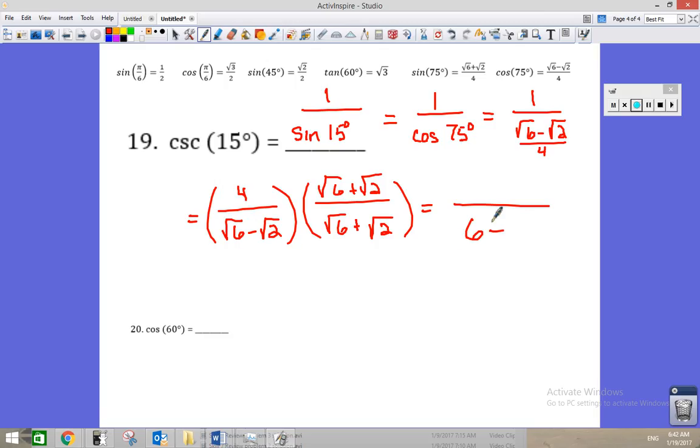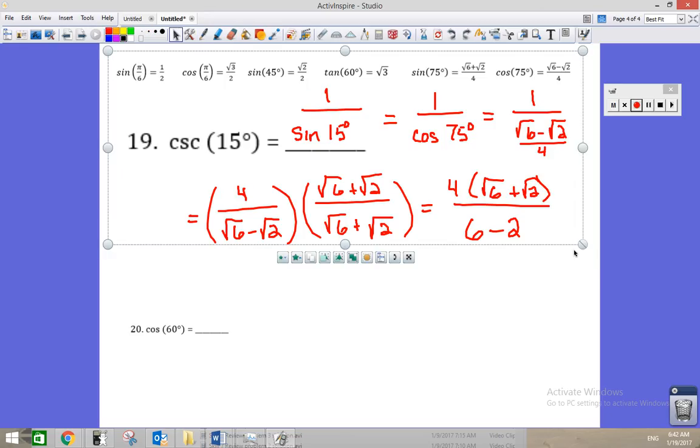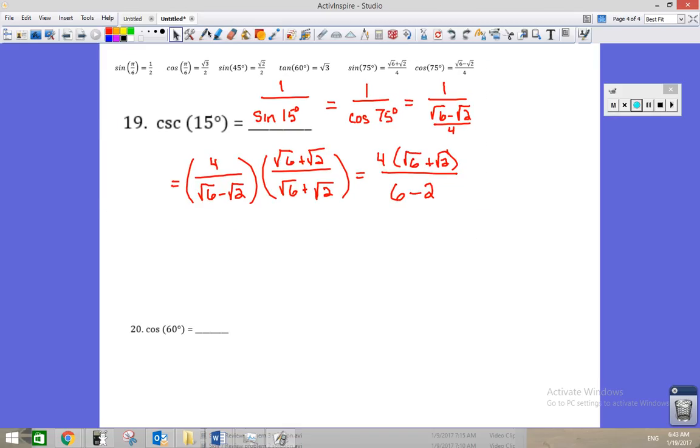When I square radical 2, I just get 2. And I have 4 times that. Let's keep it in factored form for a second because that 4 is going to cancel with that 4 in the denominator. Let's shrink that up and we've got our final answer, right? Because 6 minus 2 is 4, and 4 divided by 4 is 1. So I have the square root of 6 plus the square root of 2. The cosecant of 15 degrees is equal to the square root of 6 plus the square root of 2.